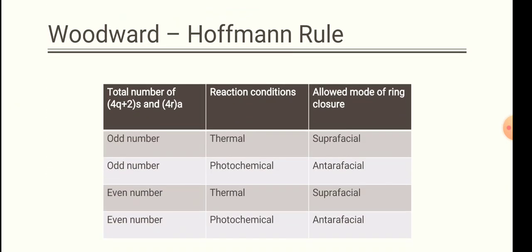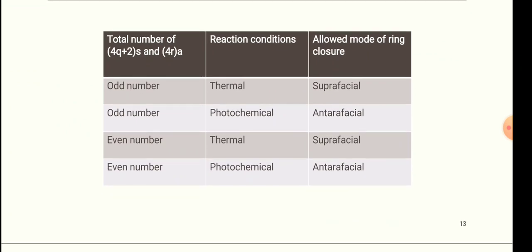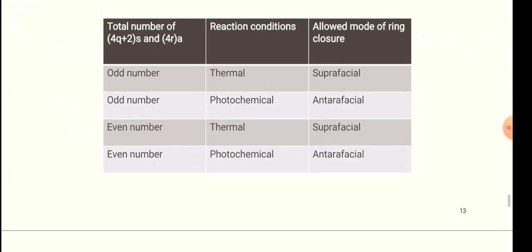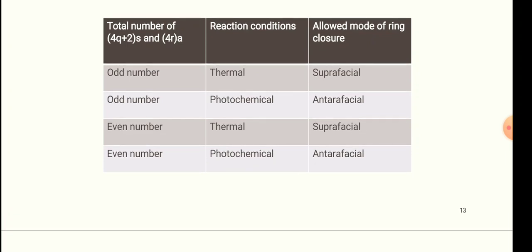So there is a Woodward-Hoffmann rule: the total number of electrons, that is 4q plus 2, or the number of electrons.